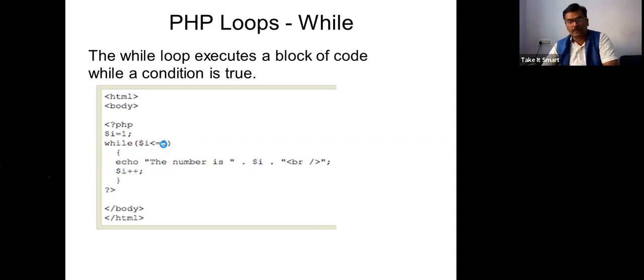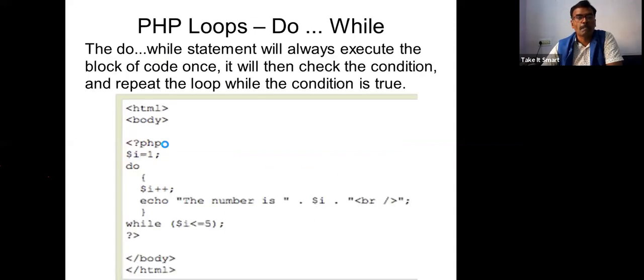Fine. I hope everyone understood if you are looking into this program. Fine. So the do while statement. Already I gave you the example that one day I took the class without seeing the number of students. No one had joined and I took the class. So this is the best example. Here $i is equal to 1.